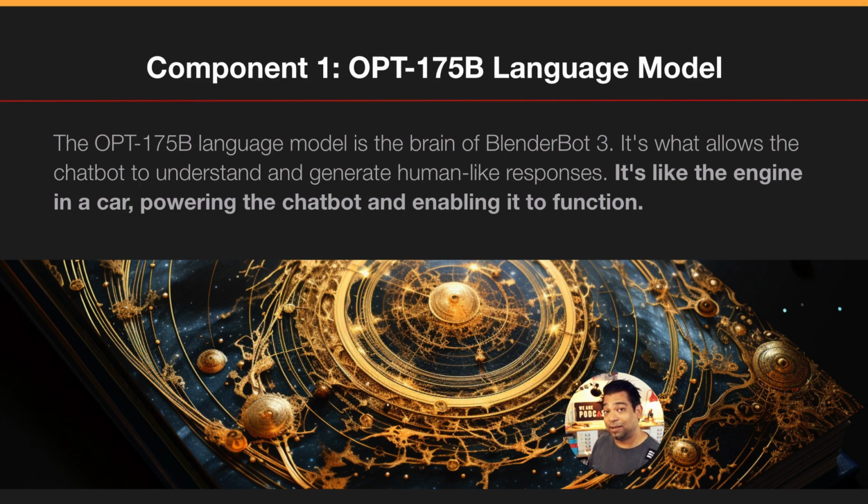And to give you context, GPT-4 is 170 trillion in terms of parameters. So the parameter count, how big it is and how much data it has, is large. This is what allows the chatbot to understand and generate human-like responses. It's like the engine in a car, powering the chatbot and enabling it to function.